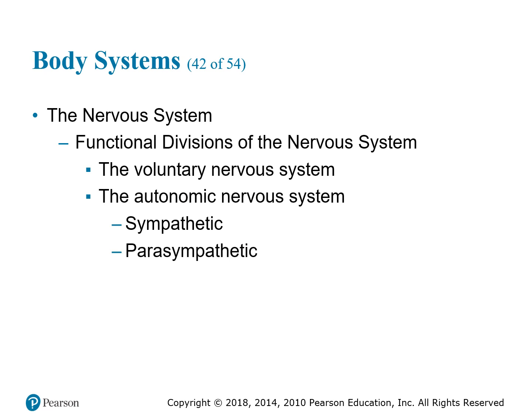Now, with functional divisions of the nervous system, in the voluntary nervous system, remember, we have control over this. Grab my coffee, messing with my phone, talking like a madman, whatever's going on, I have control over it. Now, we have the autonomic nervous system, and this branches off into the sympathetic and parasympathetic nervous system.